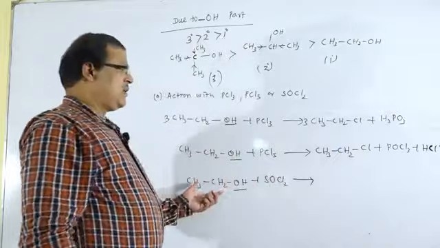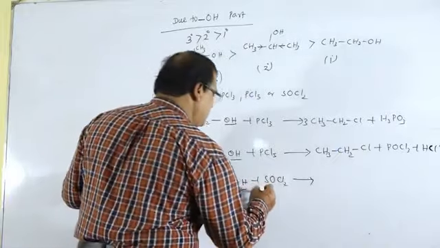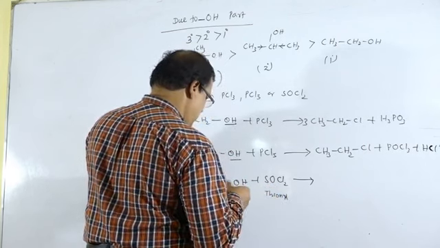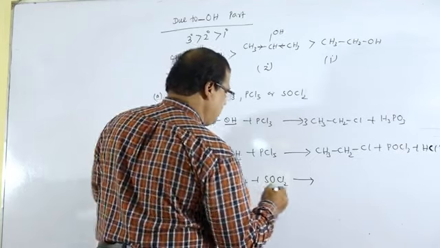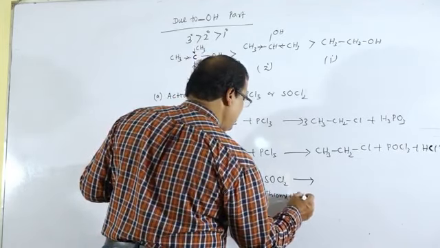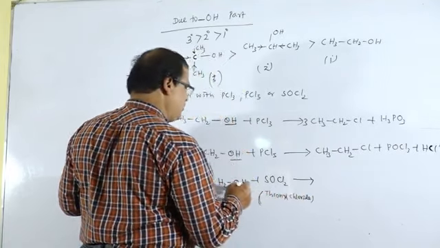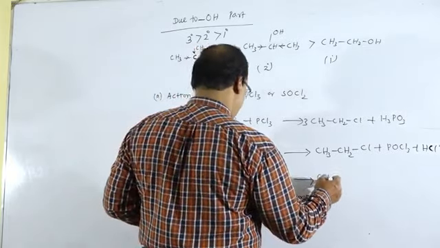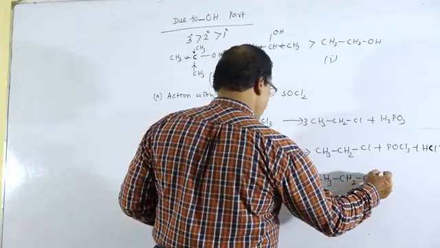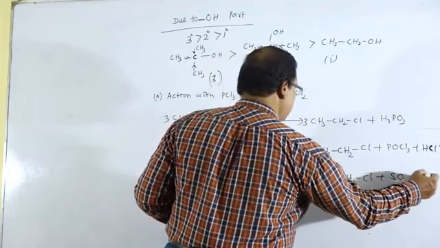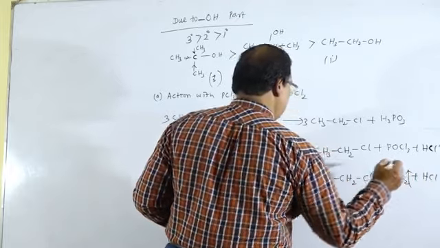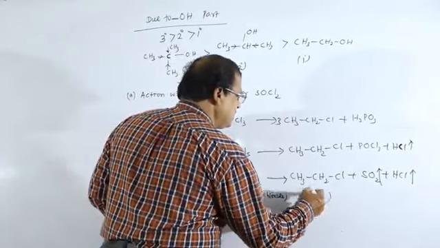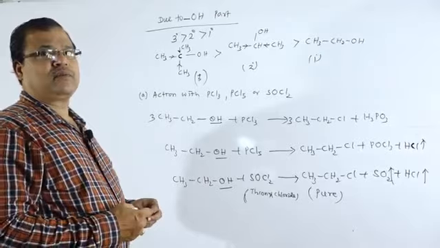And if we take ethyl alcohol with thionyl chloride, SOCl2, the OH group gets replaced by Cl. CH3CH2Cl plus SO2 plus HCl, with HCl and SO2 as gases.